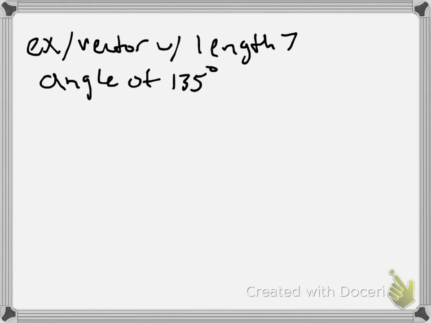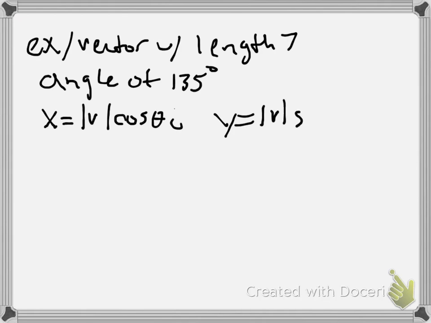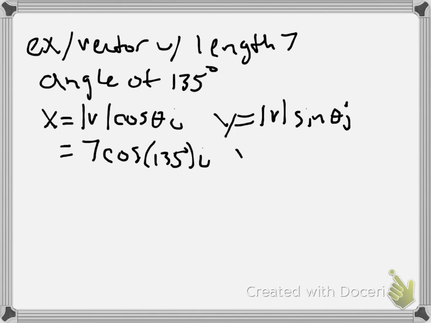Remember, our x is our magnitude cosine of theta, i, and our y is our magnitude sine of theta, and it deals with our j value. If it has a length of 7, that's our magnitude, and we know our angle is 135.